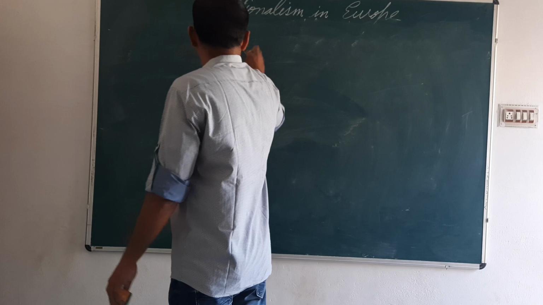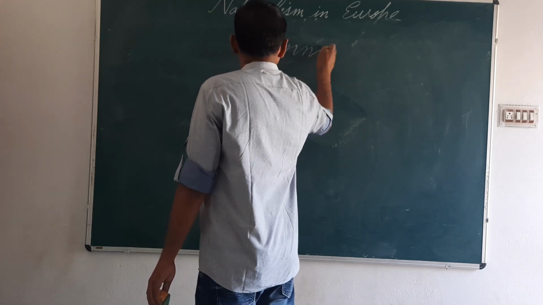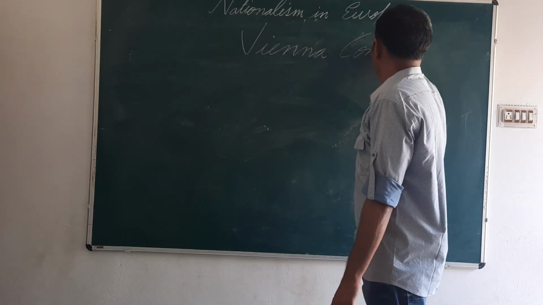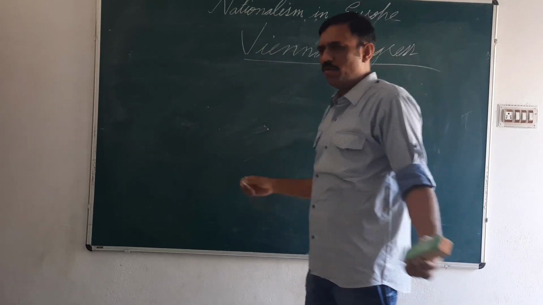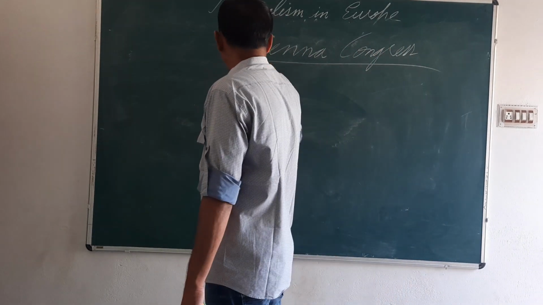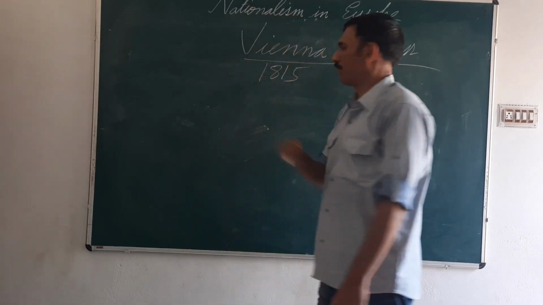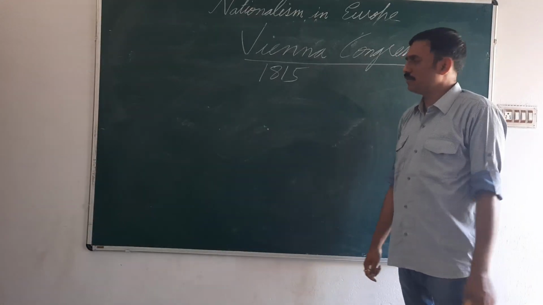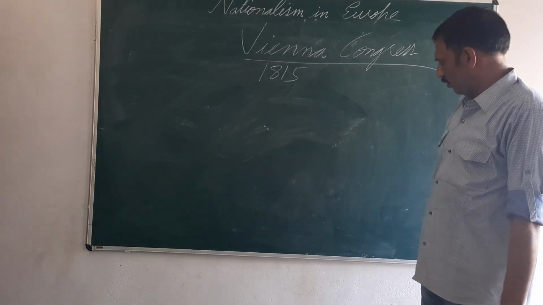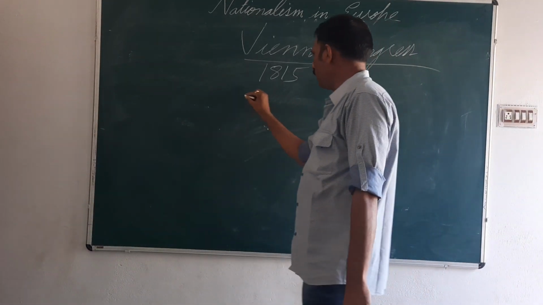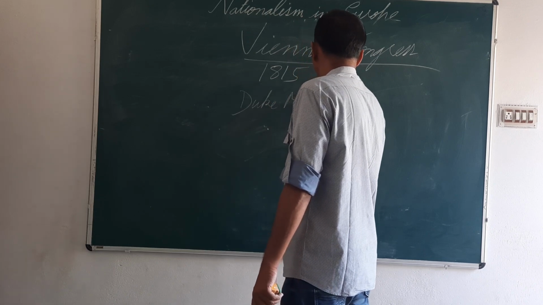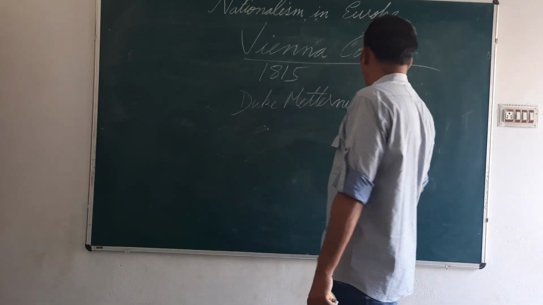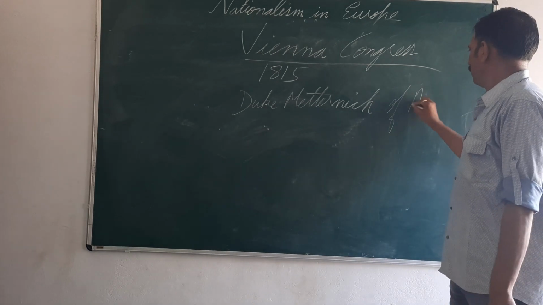Next is the Vienna Congress. It was a meeting held in Vienna in 1815, hosted by Metternich of Austria.